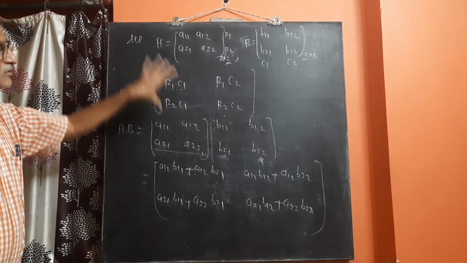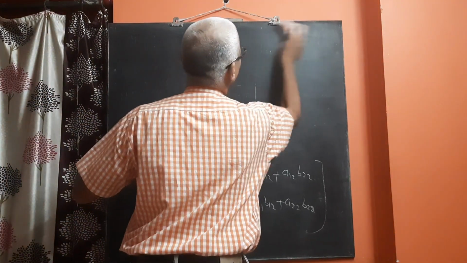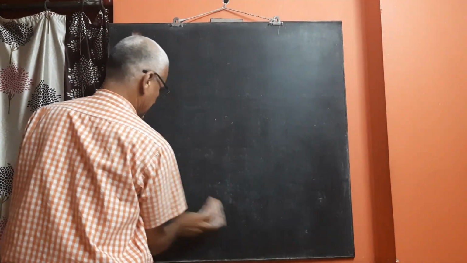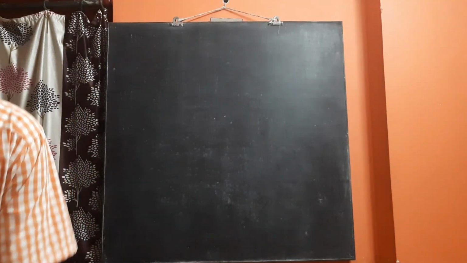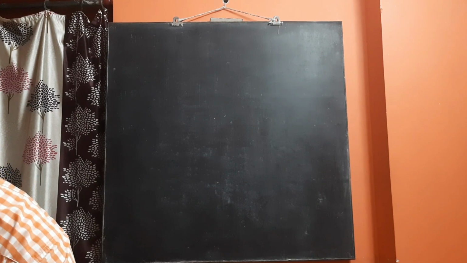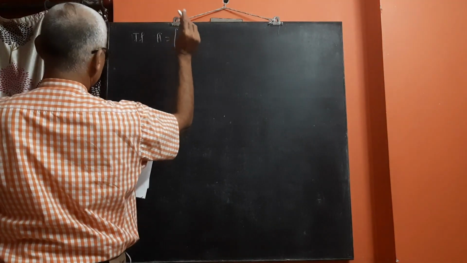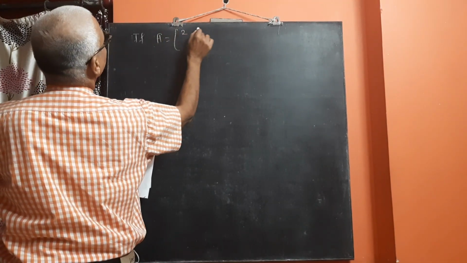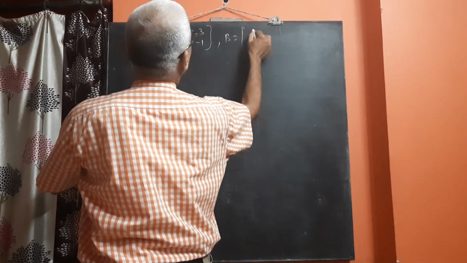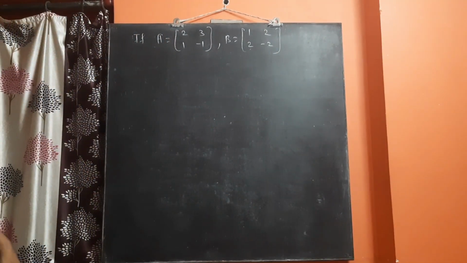Now we will solve some problems on the multiplication. See here, the first problem: if A is equal to the matrix, let us start with a 2 by 2 matrix, 2 3 1 minus 1, and B equals the matrix 1 2 2 minus 2, then we have to find the matrix AB.